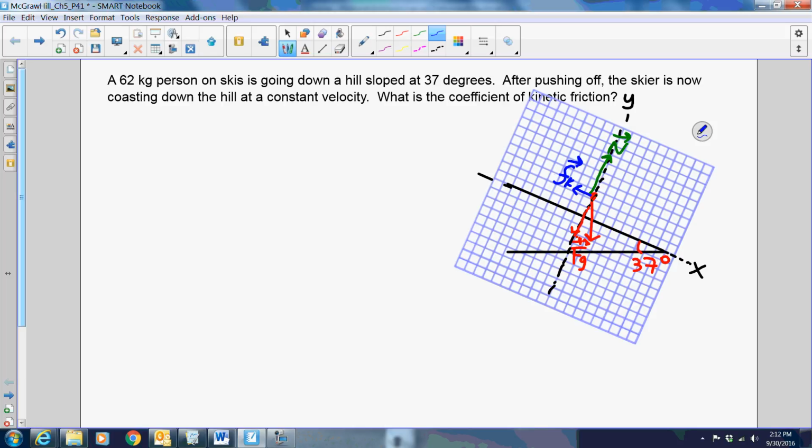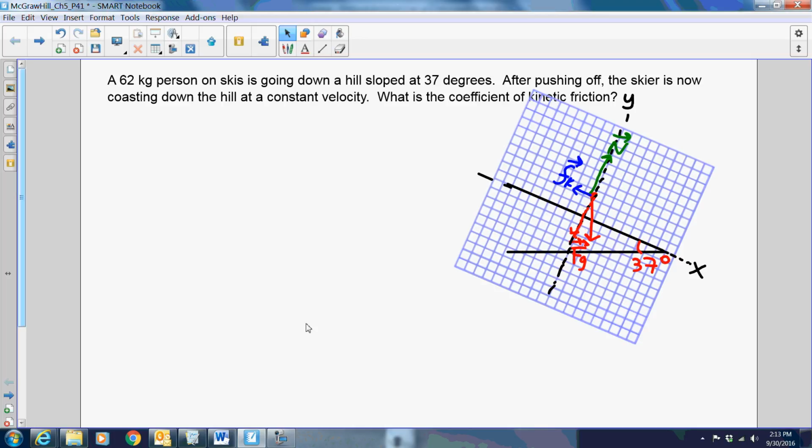I should see that those are the same length, that my x components are going to cancel, and then my y forces are going to cancel as well.